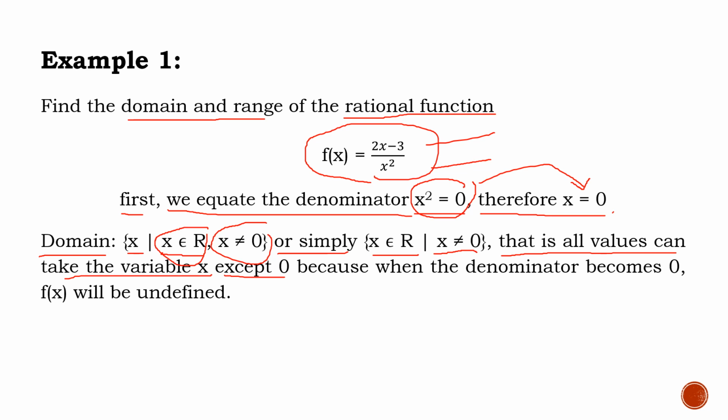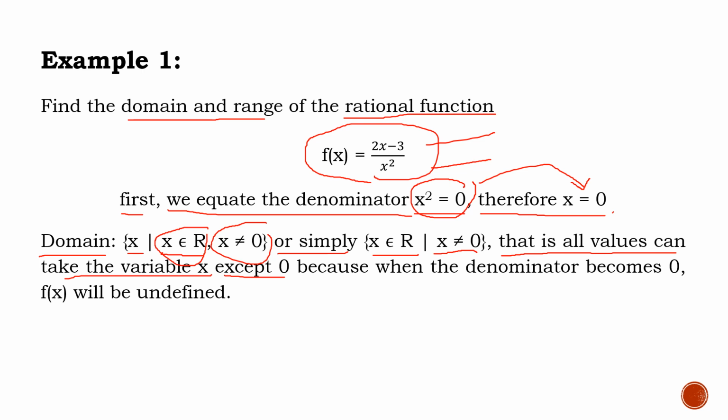Meaning to say, any positive or negative numbers, we can put that as a value of your x variable. Why? Because it can give you a value of denominator which is not equal to 0.